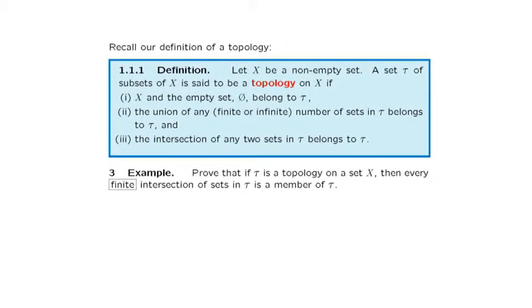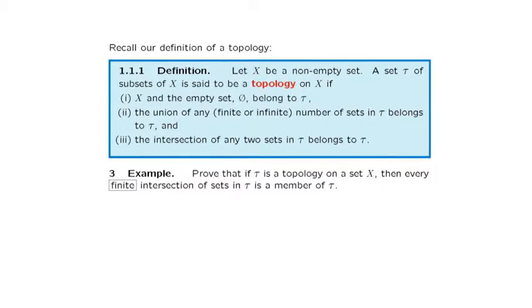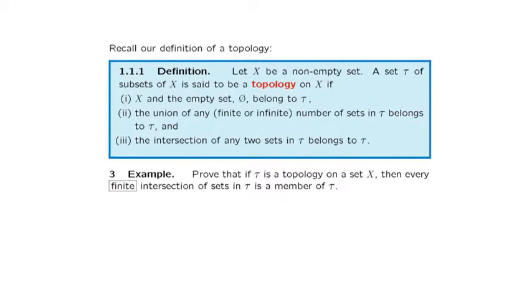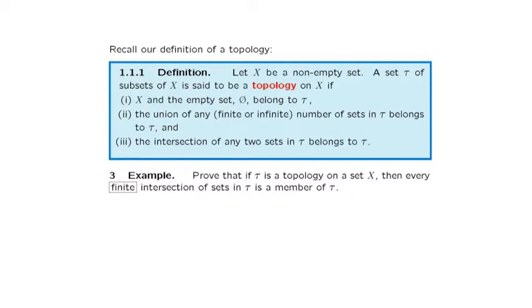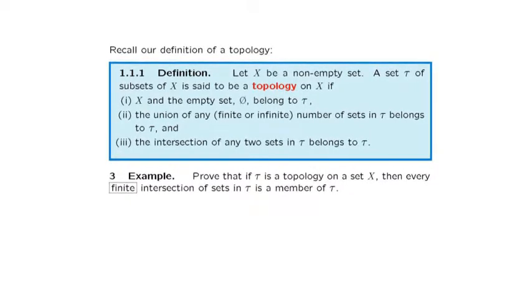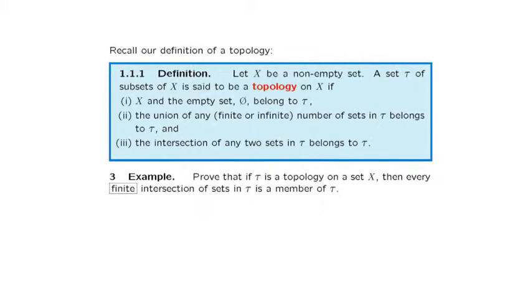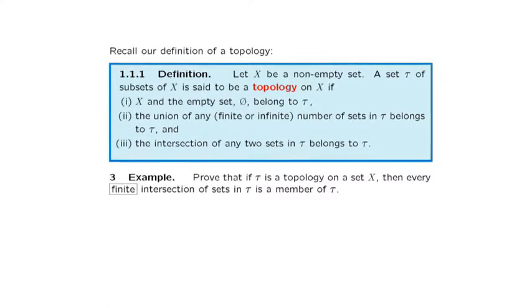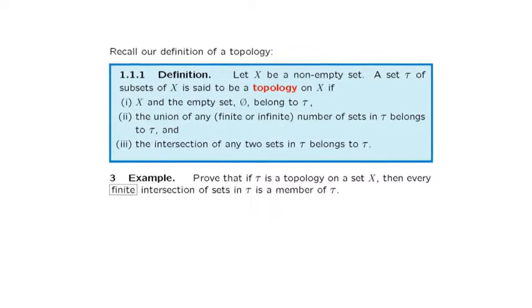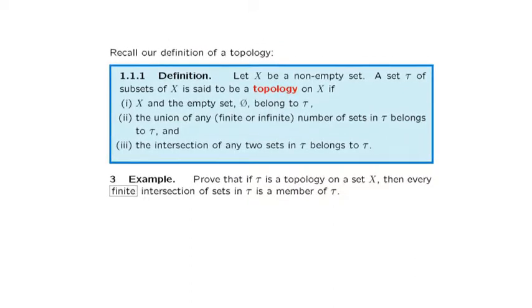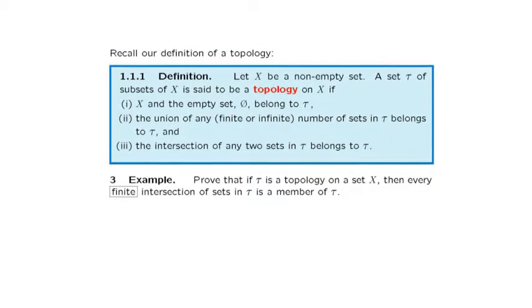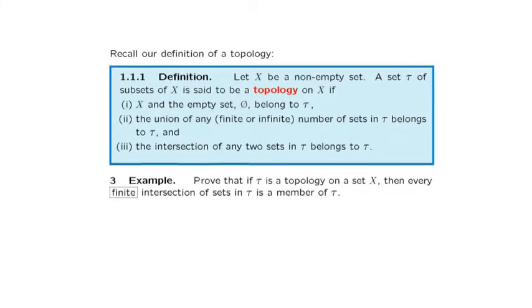We begin by recalling our definition of a topology, definition 1.1.1 in the book Topology Without Tears. And I draw your attention to part 3 of that definition, which says that the intersection of any two sets in tau belongs to tau.